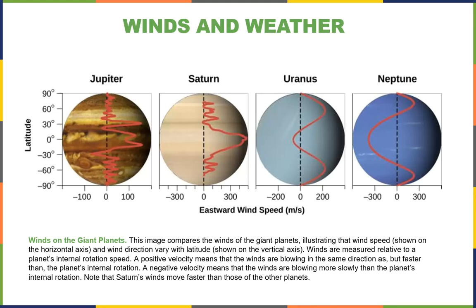Remember I said all of these planets have the same belt zone structure for their weather patterns. But Jupiter's is much more pronounced than you see in the others. You can just barely see, like here you can see, is that a belt or a zone? It's a belt because it's the dark one. They're not nearly as outstanding on Saturn.